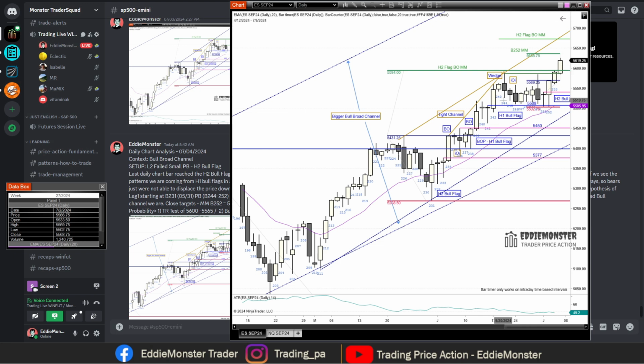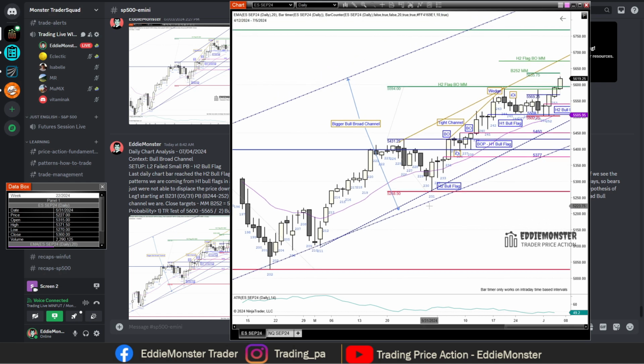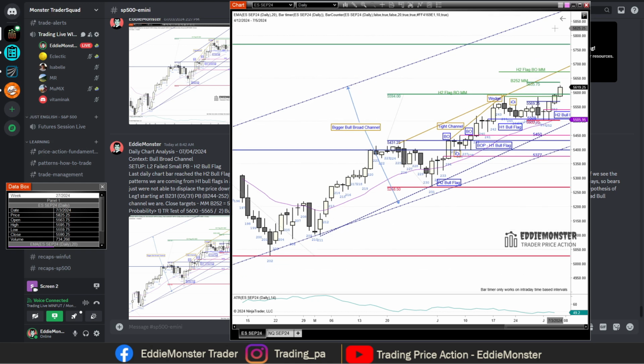We have in this channel here, we have run up and three good bull bars, starting the July month. I think that we're going to have higher prices. We have a broad channel here, a bigger broad channel with a lot of space up.